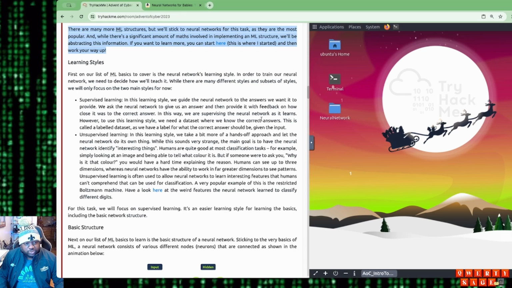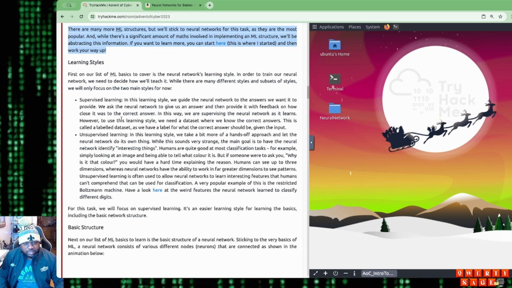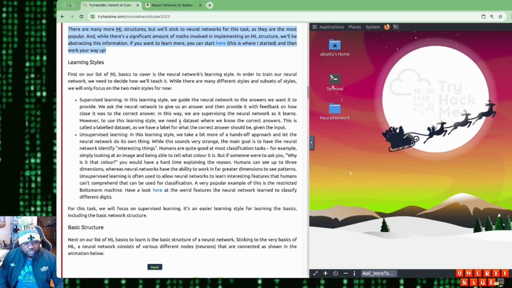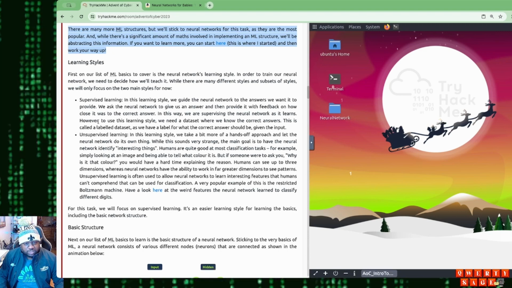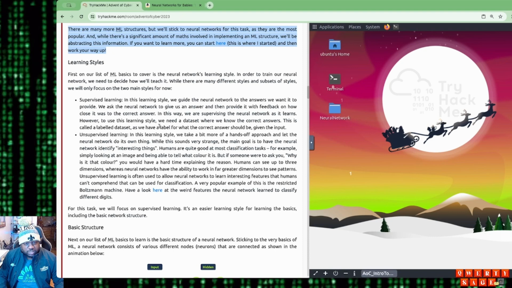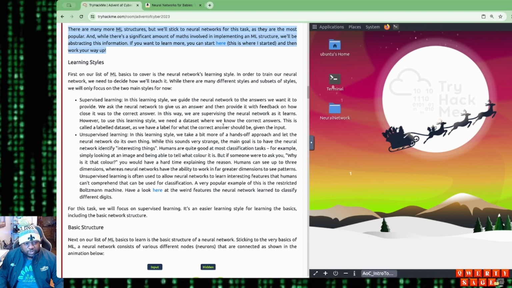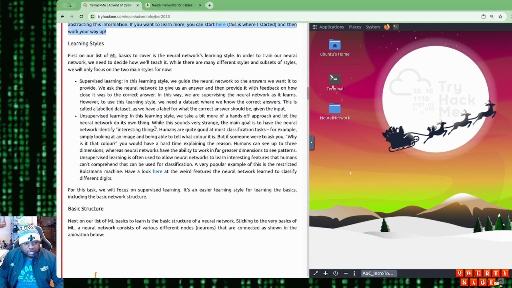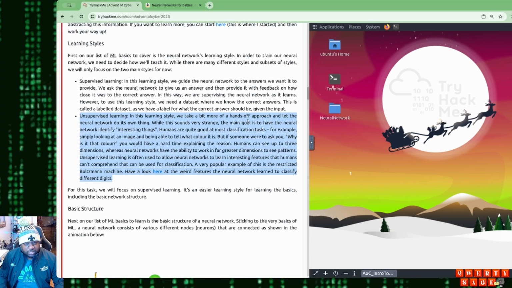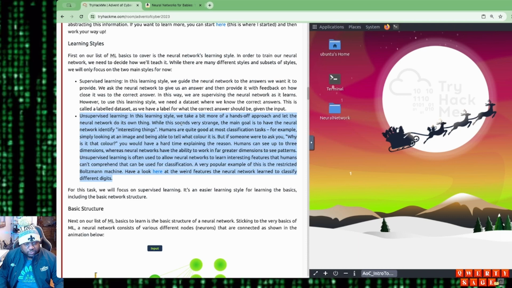In this way, we're supervising the neural network as it learns. However, to use this style, we need a data set where we know the correct answers. This is called a labeled data set, as we have a label for what correct answers should be given the input. In unsupervised learning, we take the hands off and let the neural network do its thing.